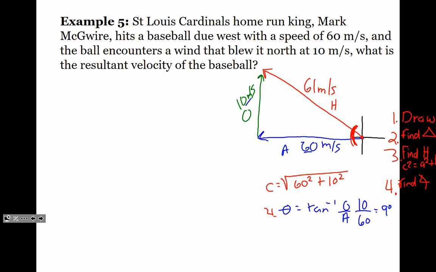Okay, so step 5. We found the angle. The angle right here is 9 degrees. Now look, you know that's not 9 degrees because 9 degrees would be way over here, literally, actually. But it's not. It's over here in the second quadrant. So now we have to find our direction.